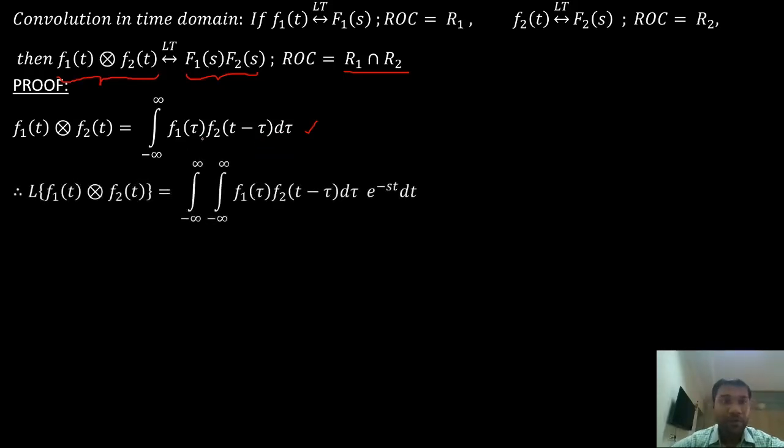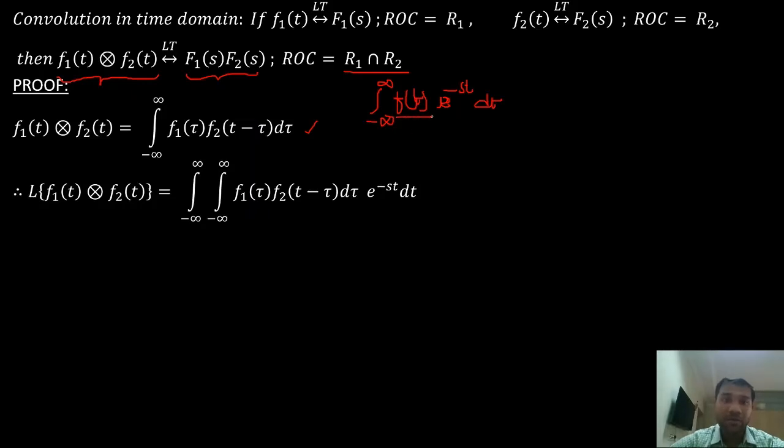Now I'll take the Laplace transform on both sides. What is the formula for the Laplace transform? Minus infinity to plus infinity f of t e power minus st dt.